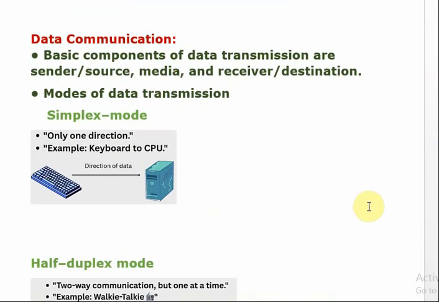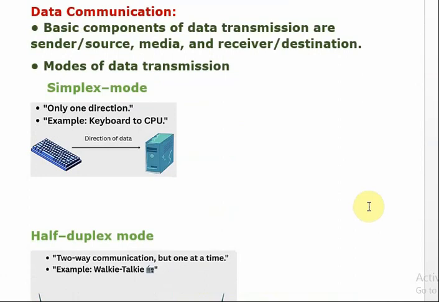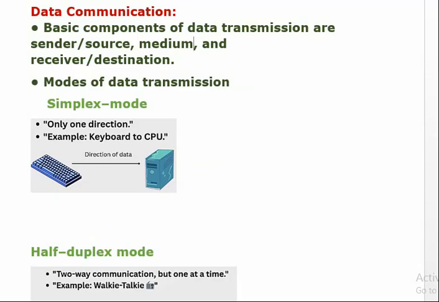Then data communication. The basic components of data transmission are the sender, the source, then the medium, and the receiver, the destination. There should be a sender, a medium and a receiver.